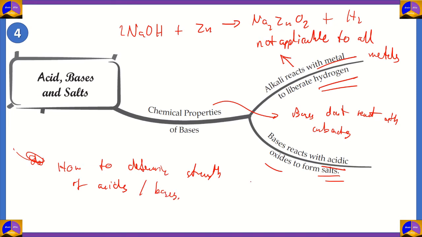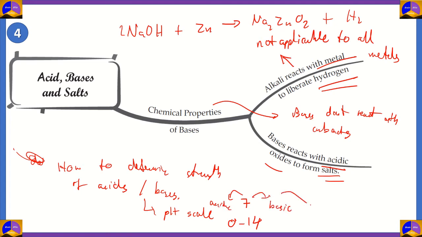Well, the best way to determine that is by using the pH scale. The pH scale goes from 0 to 14, and neutral solutions such as water lie at 7. Anything with a pH value lower than 7 is acidic, and anything with a pH value higher than 7 is basic.